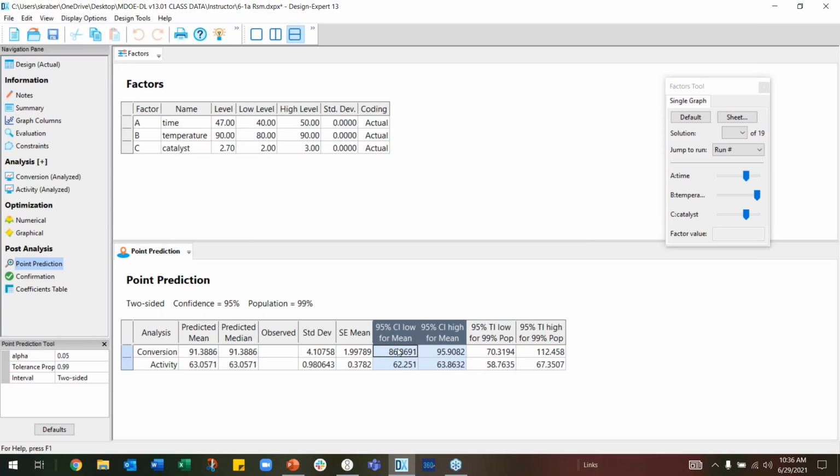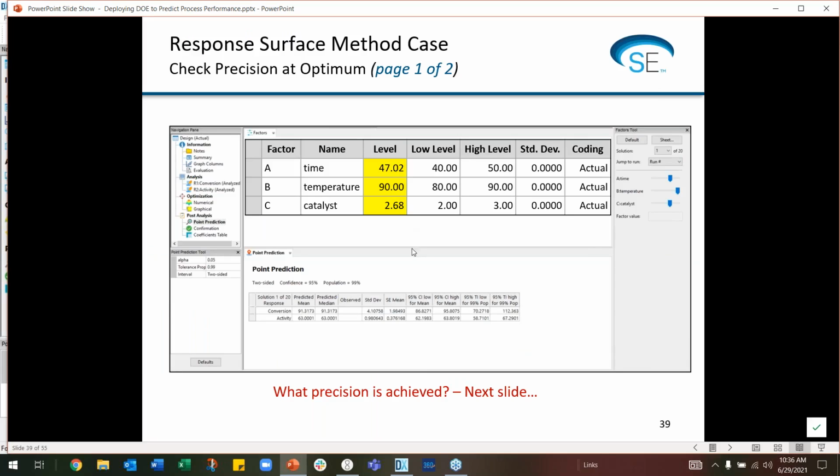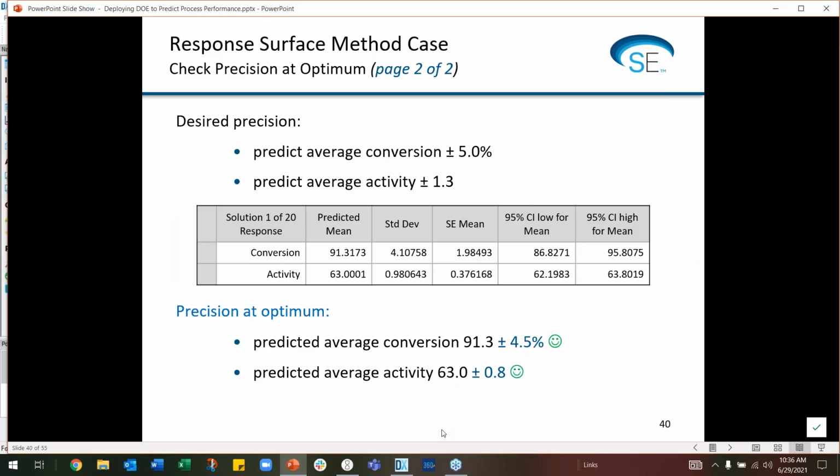This 95% interval says that we are predicting our mean at 91 for conversion and 63.05 for activity within this interval. And I moved it slightly off of the default. So we'll go back to that. At that default, we'll look at the 95% interval for that.